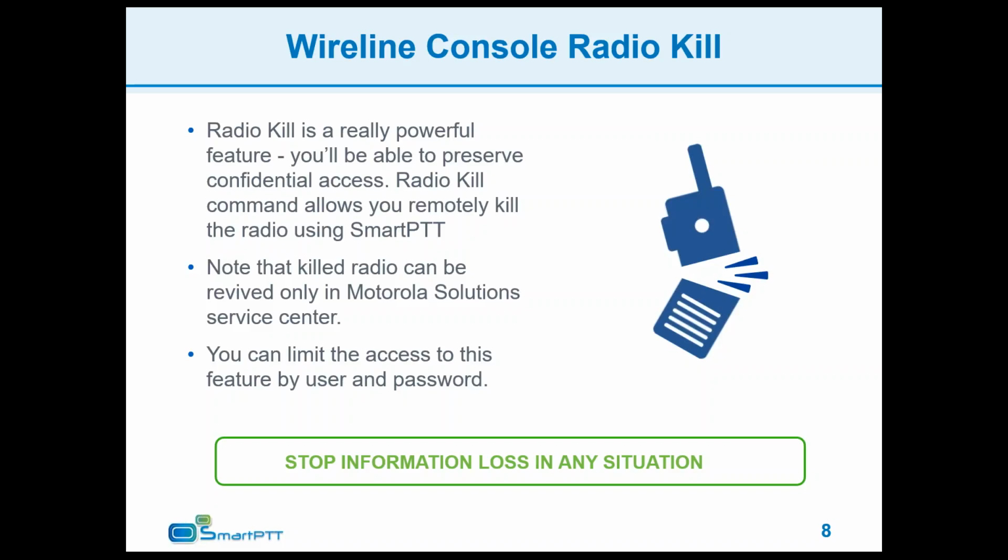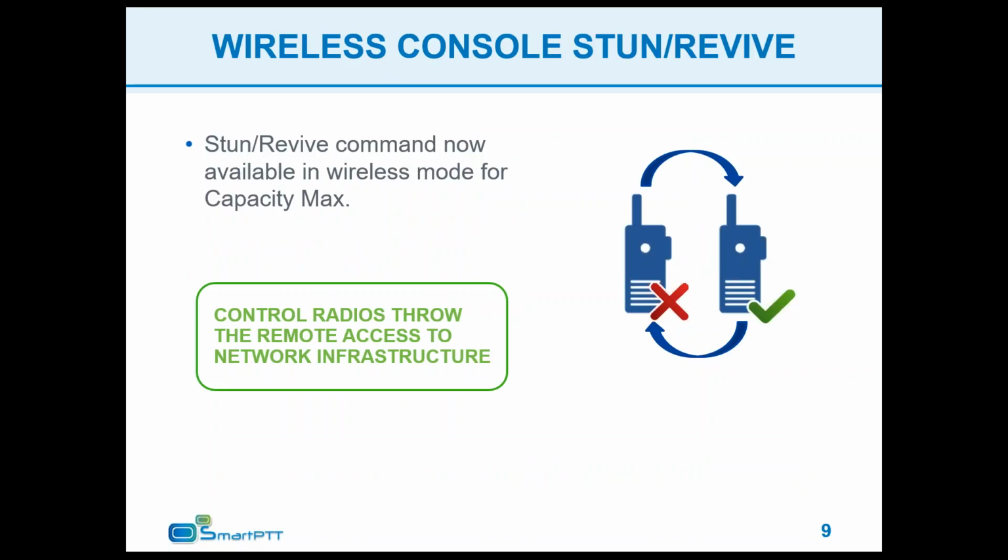So you have to be very careful in letting your customers use this functionality. Because it is so powerful, we've limited access to it by use of a user and password. Now, the standard radio kill functionality has been added in the wireless mode using control stations for Capacity Max.